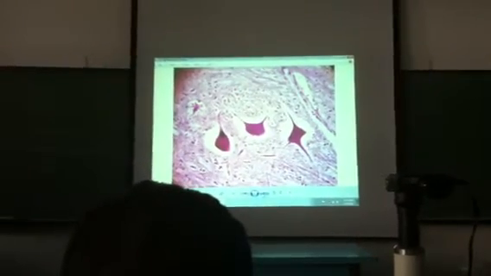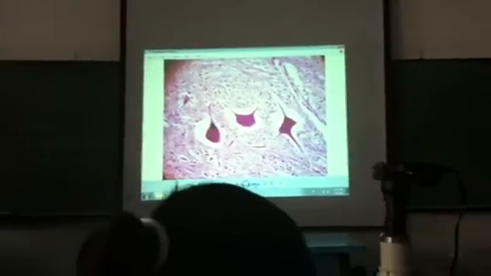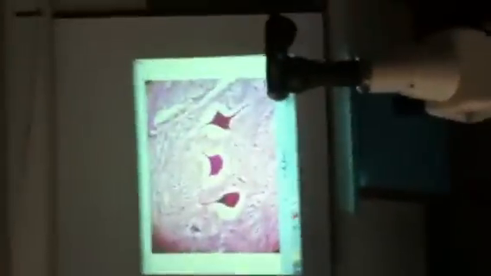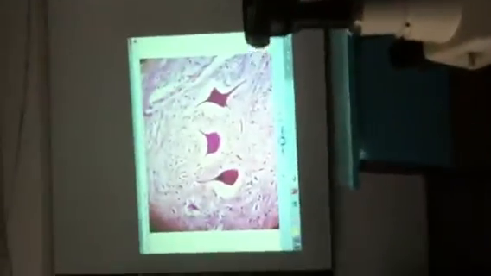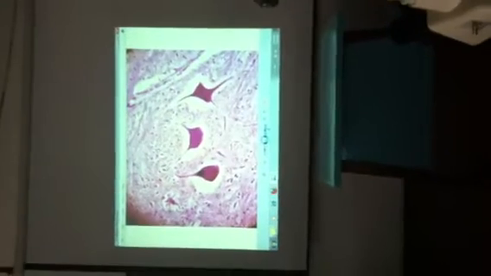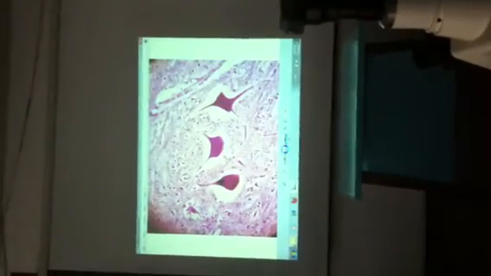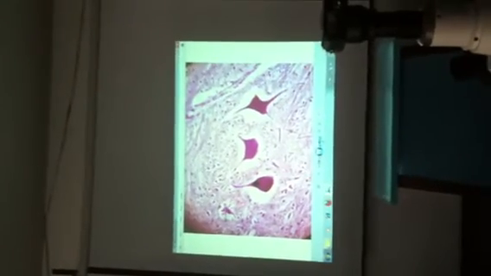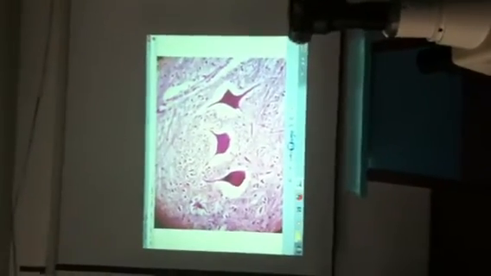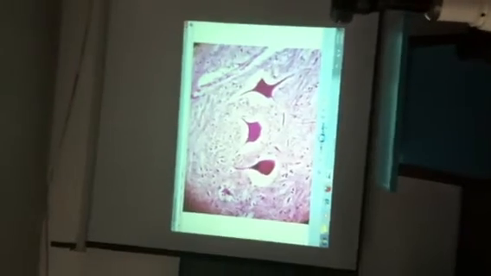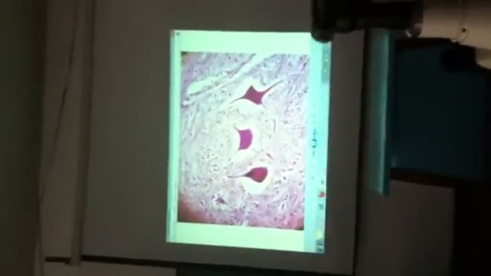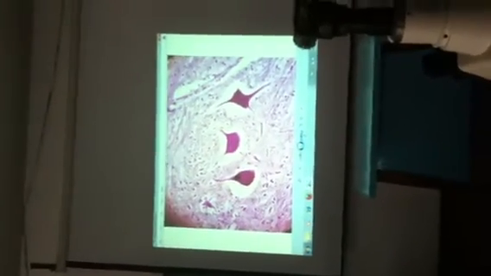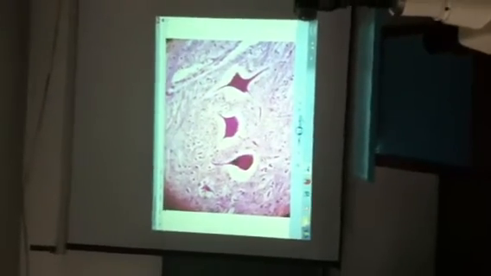So like that, the appearance of your drawing should be something like this. These are also cells, nucleus of neuroglial cells. But again, they're too small for you to study. That's why we are asking you to concentrate on the neuron as a cell.